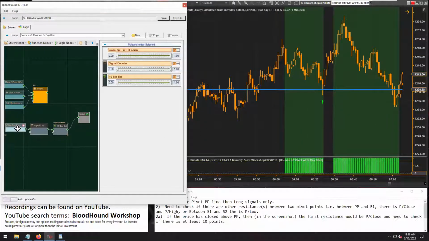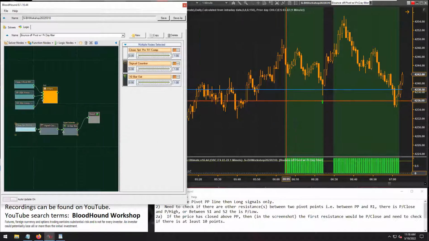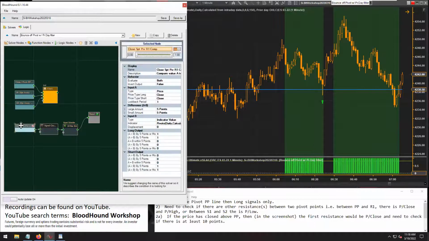So to do that, I'm going to close this up a little bit. We're going to need some more comparison solvers, right? This comparison solver identified the separation. Now we need a comparison solver that identifies when price gets close enough to the support line to be considered a possible bounce, right?